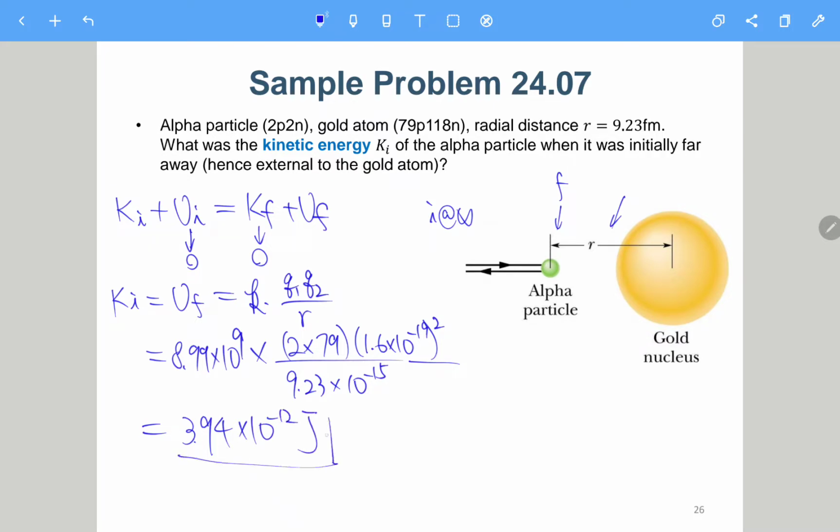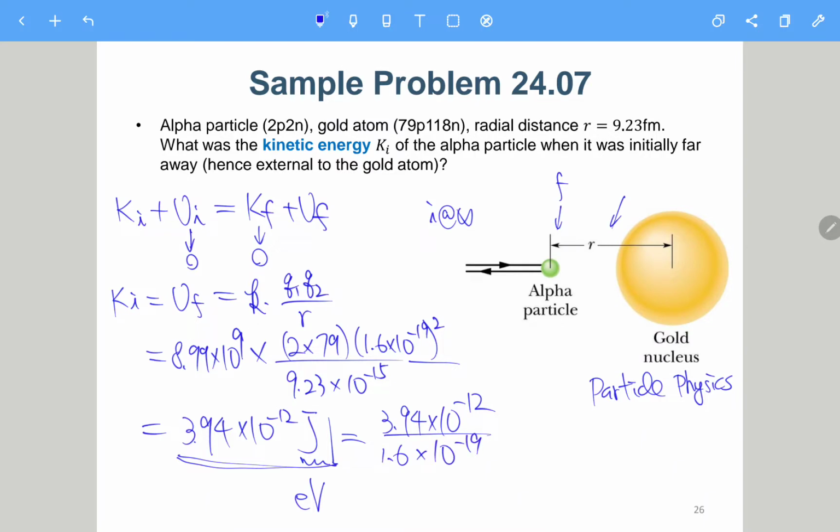This is the SI unit for energy, but in particle physics they usually use another unit known as the eV. By converting this value from joules to eV, we divide 3.94 times 10 to the minus 12 by 1.6 times 10 to the minus 19.